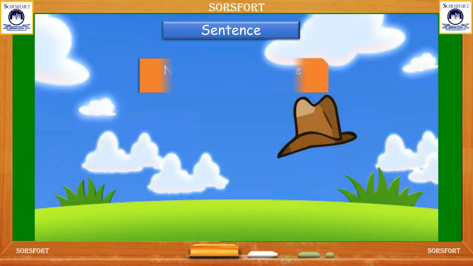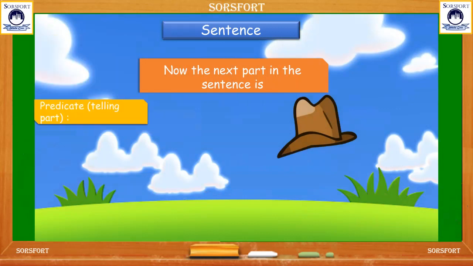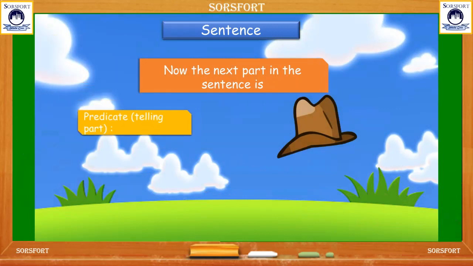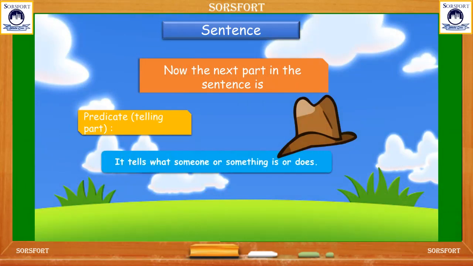Now let's see the next example. The next part in the sentence is predicate. That is the telling part. It is what someone or something is or does. So what someone is doing in a sentence. So what the subject is doing mainly.